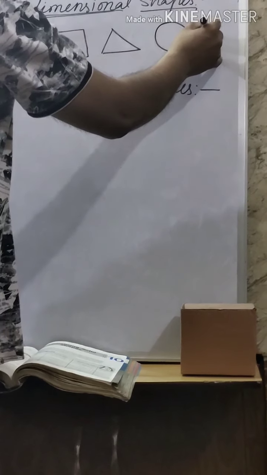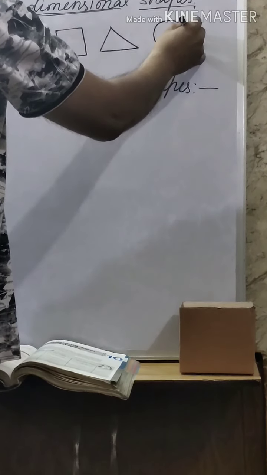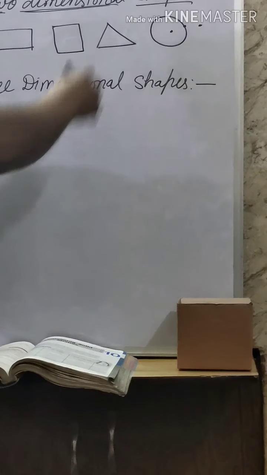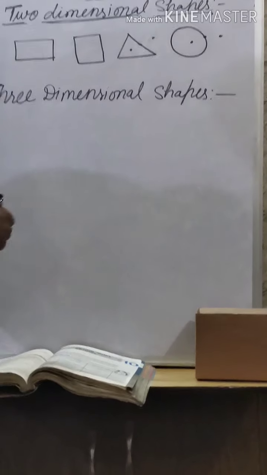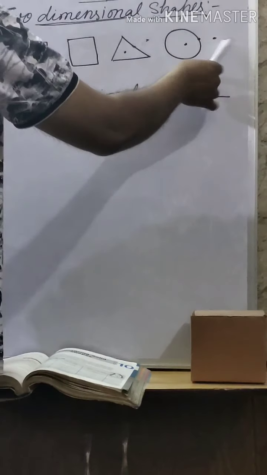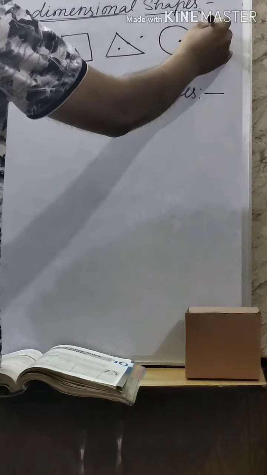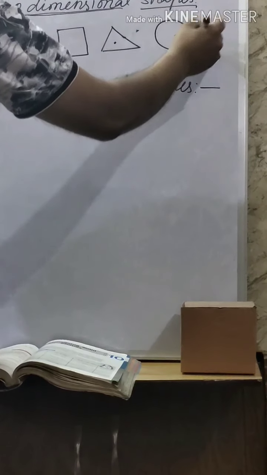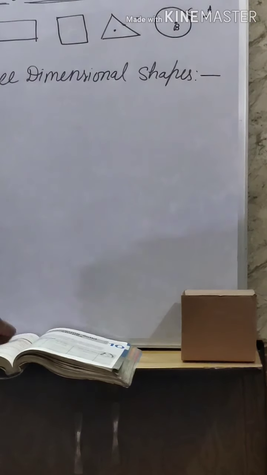Just see: outside, inside, on this. It means exterior points, interior points. Say A is an exterior point, B is an interior point, and C is a point on the circle.